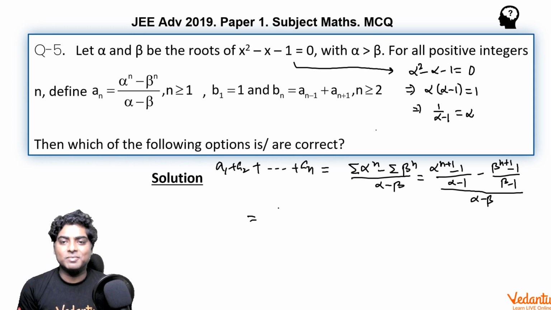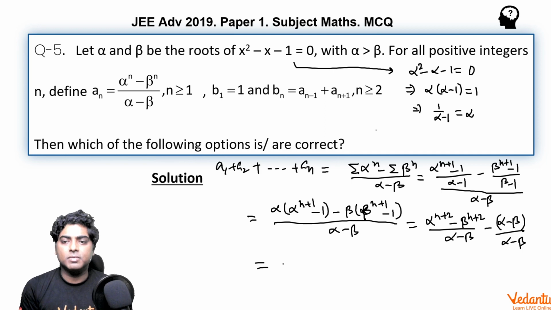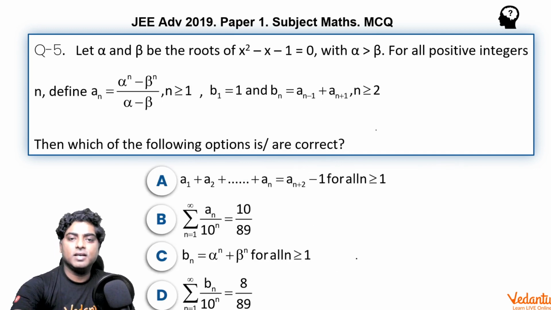So from here we can easily get whatever we need to check, like this, and here you are getting alpha power n plus 2 minus beta raised power n plus 2 divided by alpha minus beta, minus alpha minus beta divided by alpha minus beta, which is nothing but an plus 2 minus 1. So option A, the same right hand side was there, option A is correct.